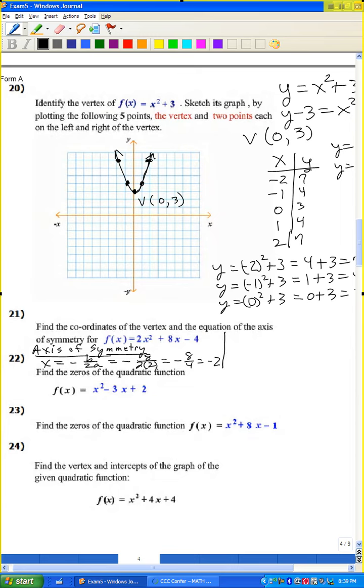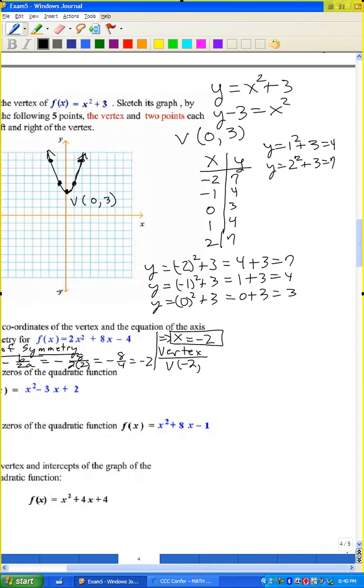And so the axis of symmetry is x equals negative 2. Let's try to find the vertex. And so I know that the vertex is going to be at negative 2, and let's figure out the corresponding y-coordinate. And so f of negative 2 is equal to, let's plug in for x negative 2, 2 times negative 2 squared plus 8 times negative 2.